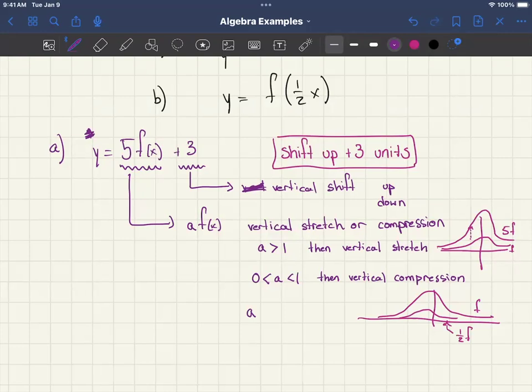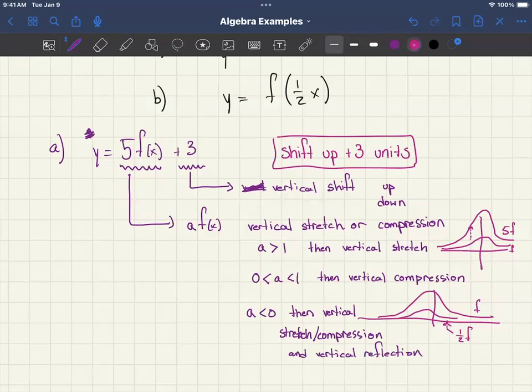Now I said there were three things that might happen. The last thing that might happen is that a is smaller than 0. And when that happens, it's going to be a vertical stretch or compression, and on top of that, it's going to be a vertical reflection. Whew, that's a lot.